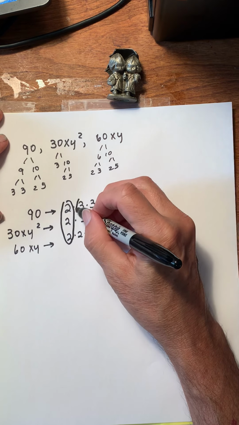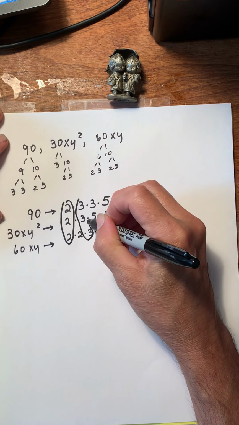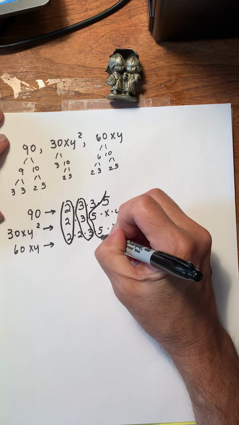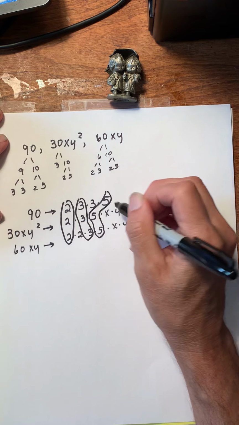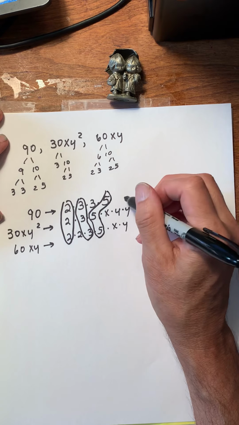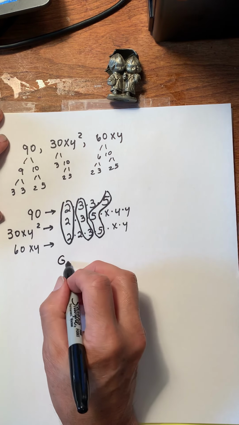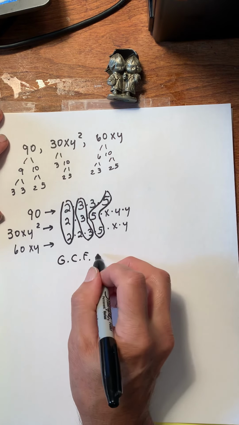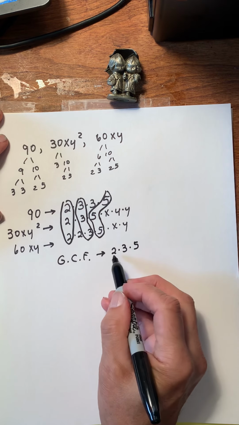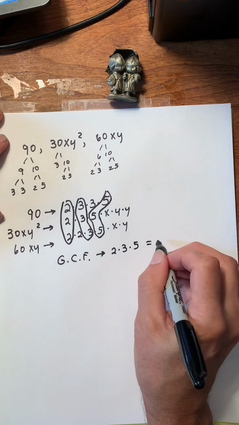They each have a 3. They each have a 5. X's, nope. Y's, nope. This one doesn't have any X's or Y's. So my greatest common factor, 2 times 3 times 5. That's 6 times 5. That's 30.